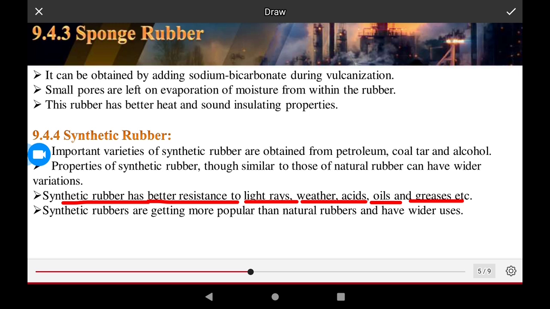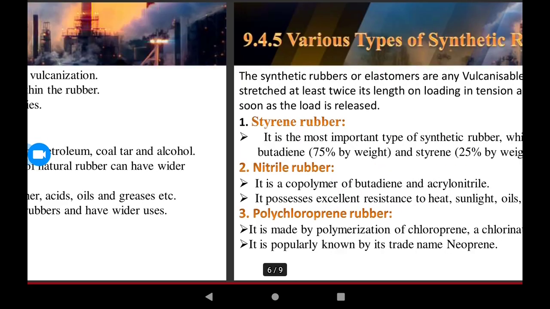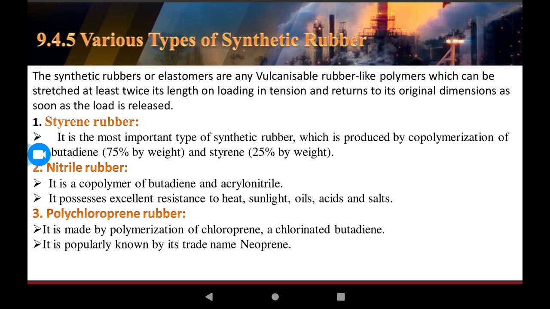Synthetic rubbers are getting more popular than natural rubber and are used for a wider range of applications. The various types of synthetic rubber.